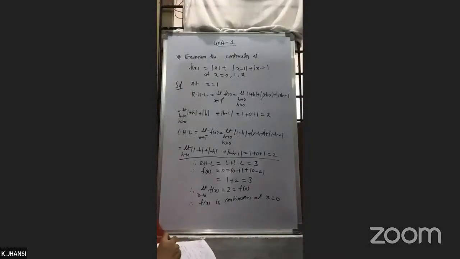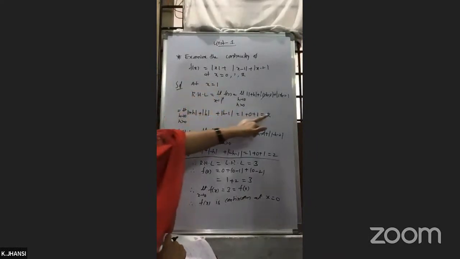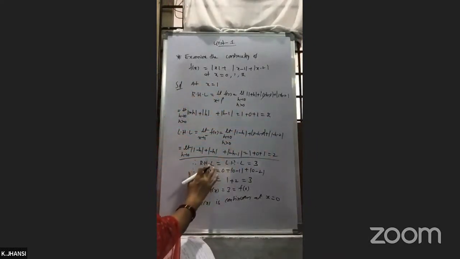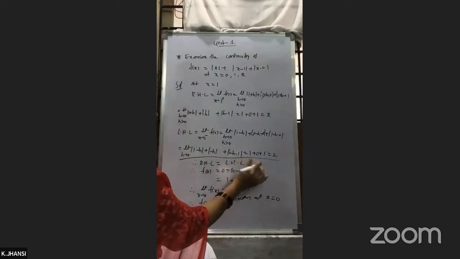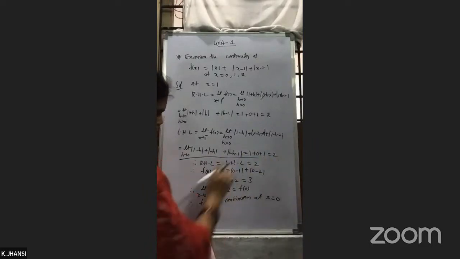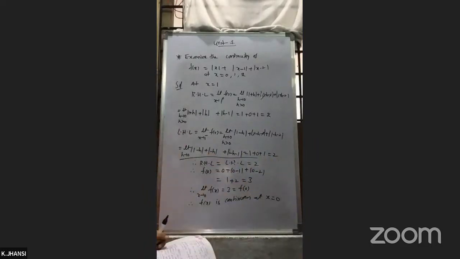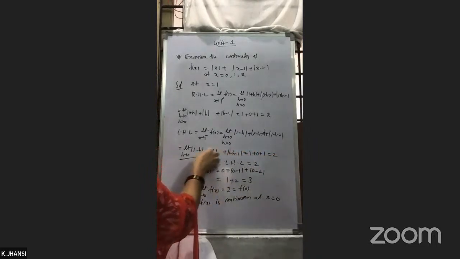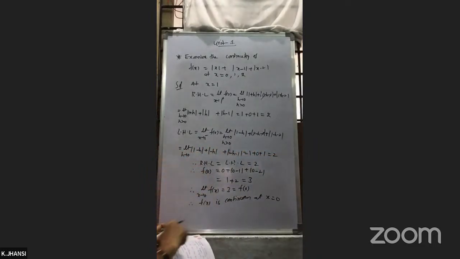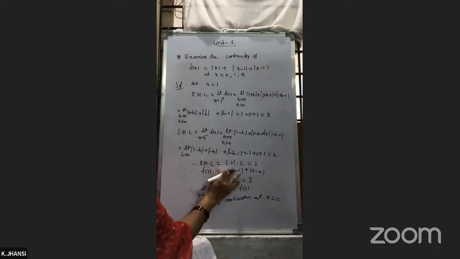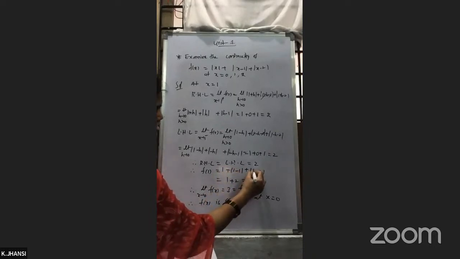Okay. So at x equals to 1, we got 2, 2. Here also same. RHL is equal to LHL is equal to 2. And f of 1 value: this is 1, this is 1, this is 1 minus 1, this is 1 minus 2.